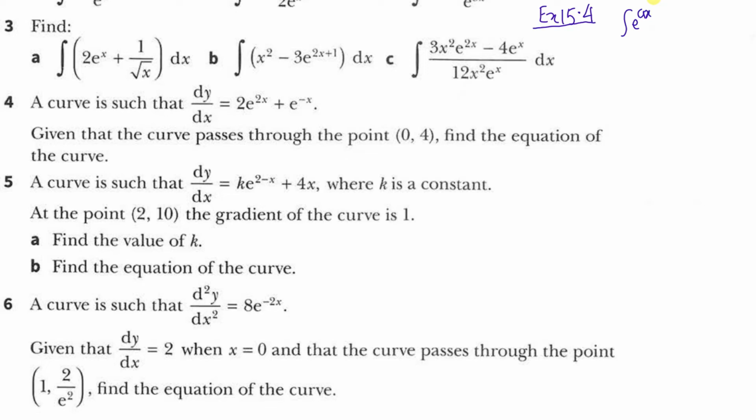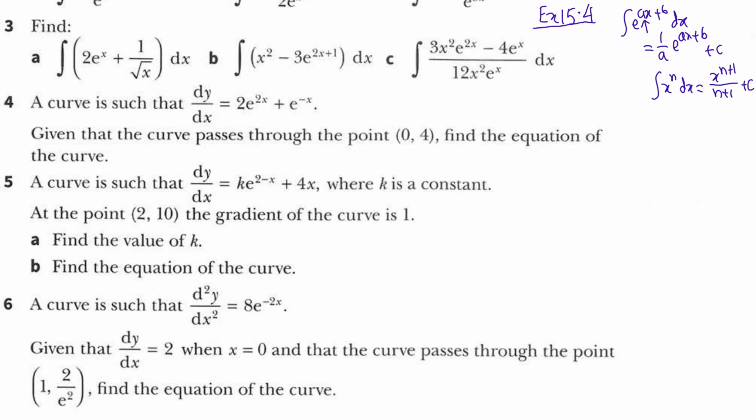If ax plus b is written, then dx, it would be 1 by a, which comes from the coefficient of x, then e to the power ax plus b plus c. So this a is actually the coefficient of x, and for exponentials we have to do the same thing. And what is your basic rule of integration? If it is x to the power n dx, we have to write x to the power n plus 1 divided by n plus 1 plus c.